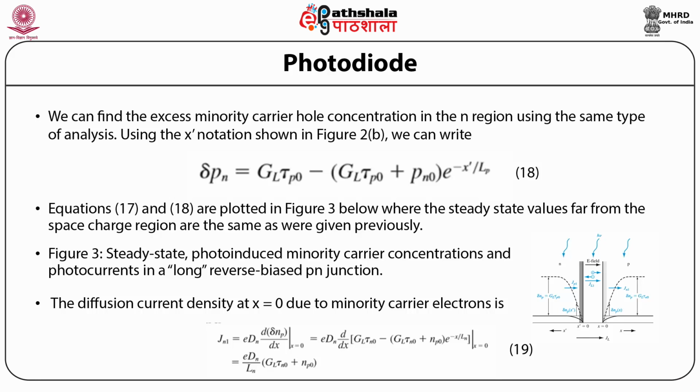Putting the value of δnp over here and differentiating, we get e Dn/Ln multiplied by (GL τn0 plus np0). So equation 19 can be written as Jn1 equal to e GL Ln plus e Dn np0/Ln.